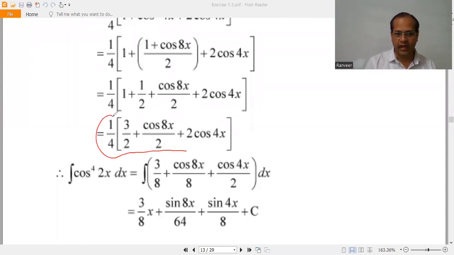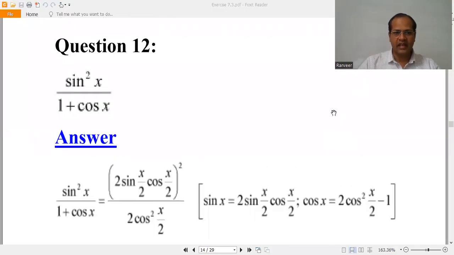Once we reach up to here, after that easily we can find out the 3 by 2. This is nothing but 3 by 8 cos 8x by 8. Just multiply 4 with all the 3 terms, and we got this value. And 3 by 8x cos 8, we can write sin 8x by 64, and this is sin 4x by 8. This is the answer.